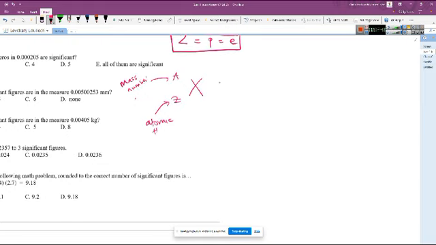Now for an atom and for an ion. For an atom, the Z atomic number is equal to the number of protons, which is equal to the number of electrons.